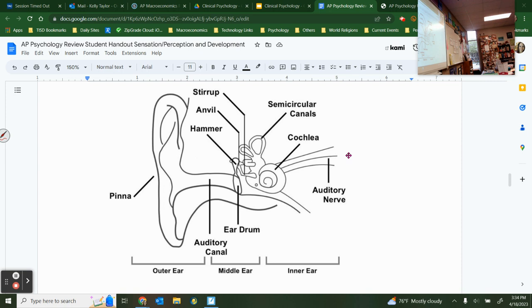Okay. This one is already labeled. Aren't you happy? But we need to talk about the different types of deafness. If these three bones are broken, say you get hit in the head with a baseball bat and it breaks the little bones in your ears, then you're going to have conduction deafness.